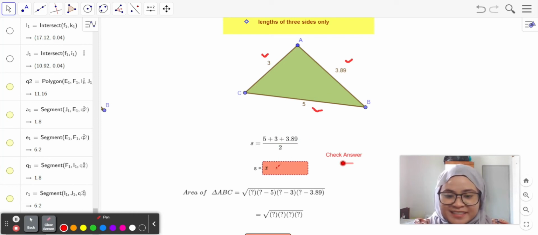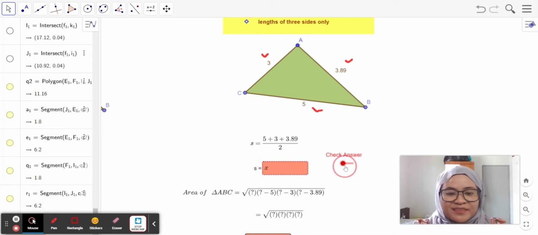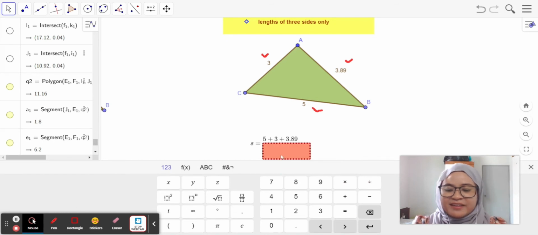Then you will get the answer. Please use your scientific calculator. Now let's recheck the answer. The semi-perimeter is 5.95.